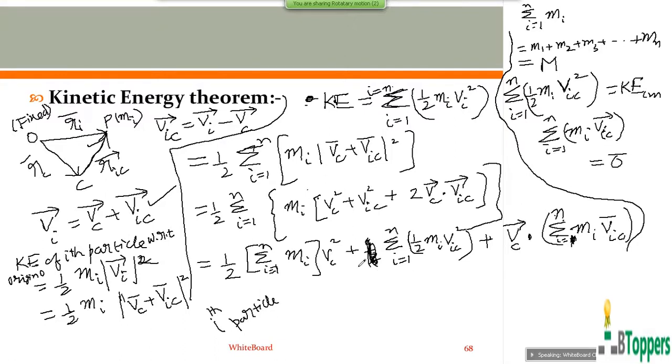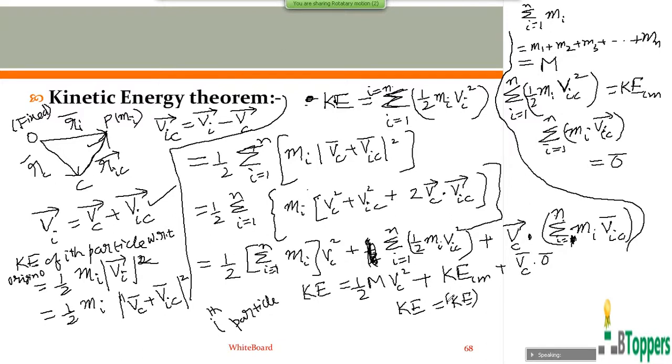So making all these substitutions here, the left hand side, that is the total kinetic energy of the particles, you can write as half M Vc square plus K ECM plus Vc bar dot 0 bar. So we have completed the proof.